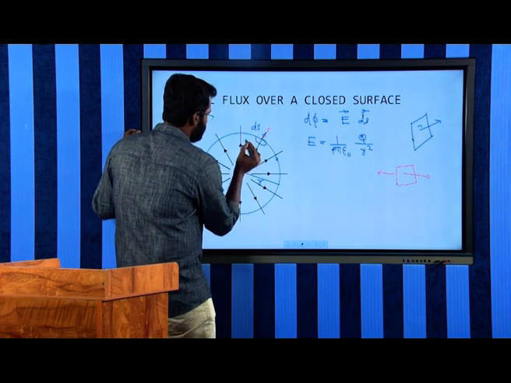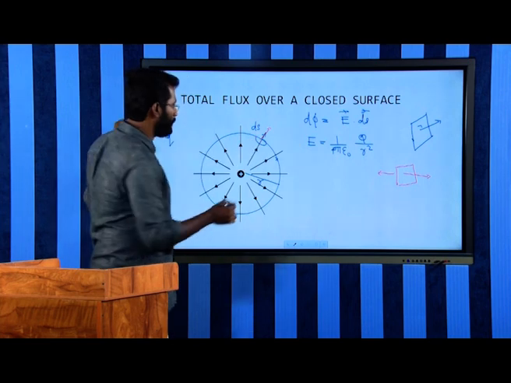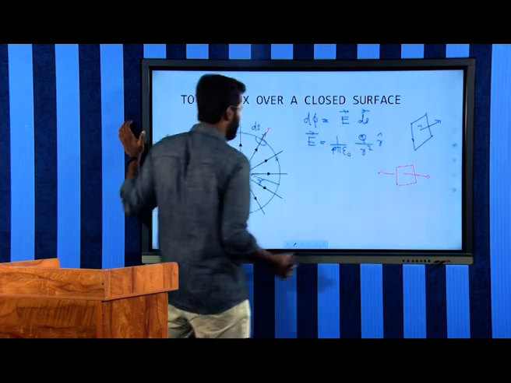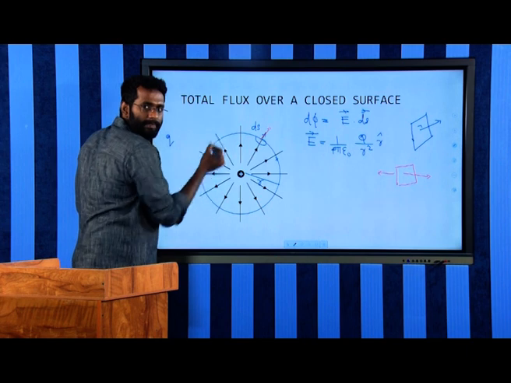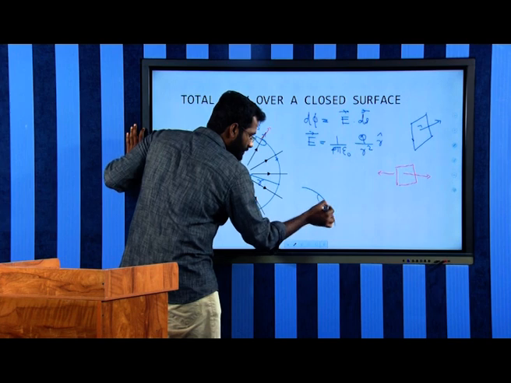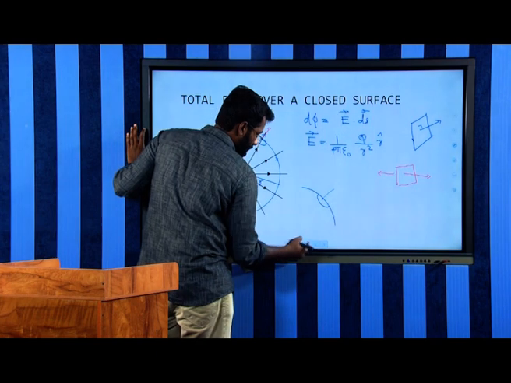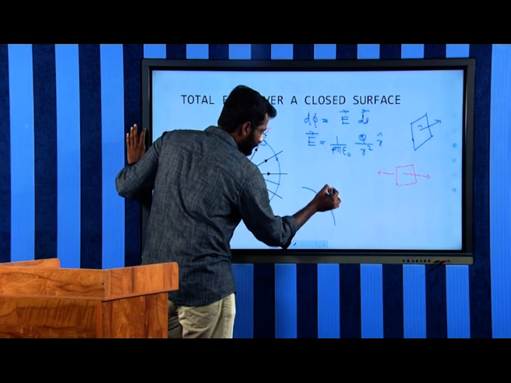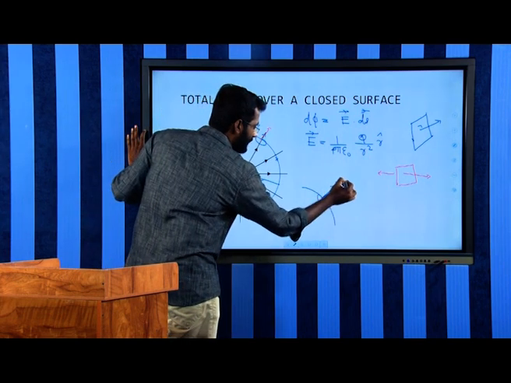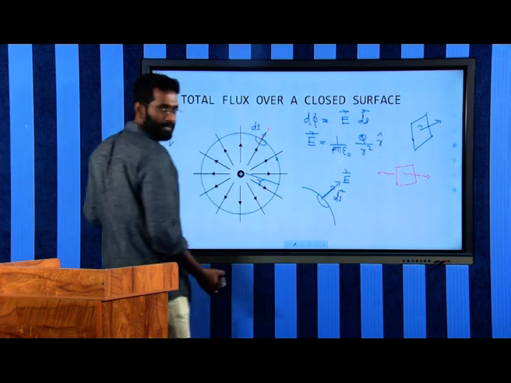Now, let us calculate. The electric field at this point is E, and its direction is also along r cap. Consider only this point. I am just magnifying that portion. We have a curve and a small patch of area there, and in that area we have an area normal as well as an electric field E. Both E and the area ds have the same direction, they are parallel.